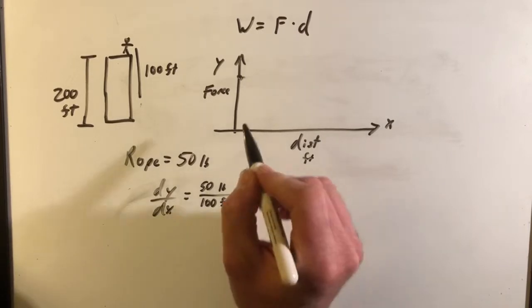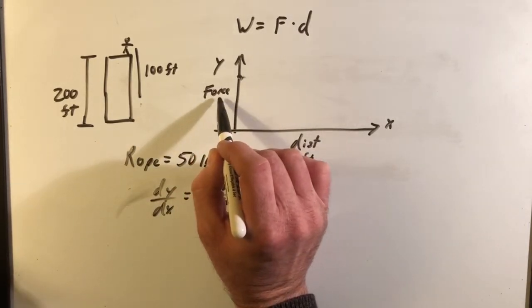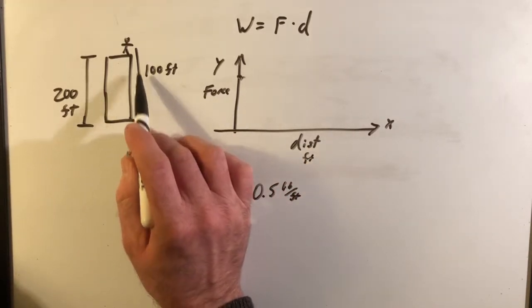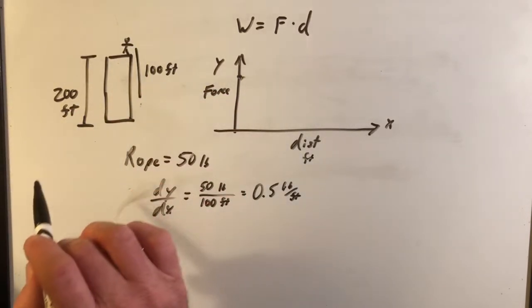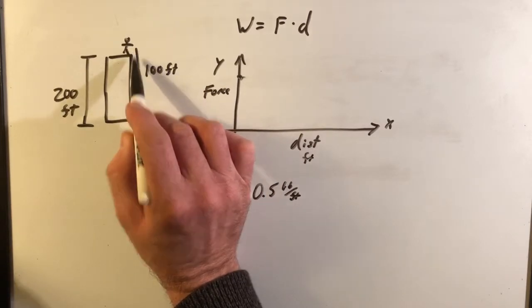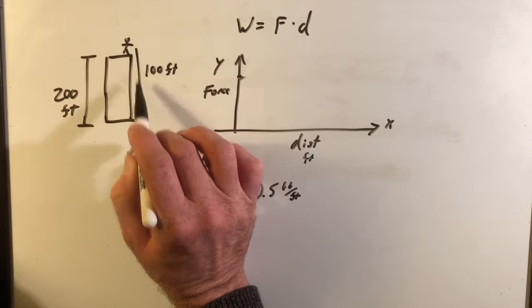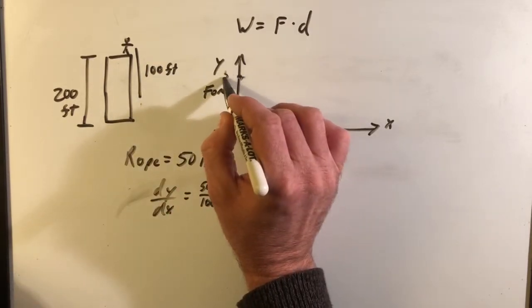Okay, so the way I'm thinking about it now is I want the profile for force and distance. If I think about distance as how much rope I've already pulled onto the roof, that means that if I've pulled no rope on top of the roof, then I'm holding all of the force of this rope, which is 50 pounds.